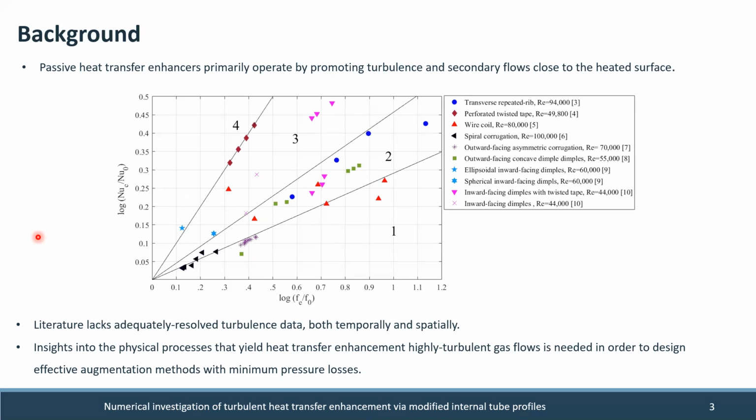We want to know more about the mechanisms that yield heat transfer enhancement in different passive methods. Because if we have this insight, we can design better, more effective heat transfer augmentation methods with minimum pressure losses.